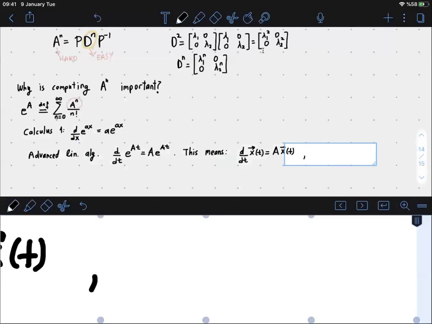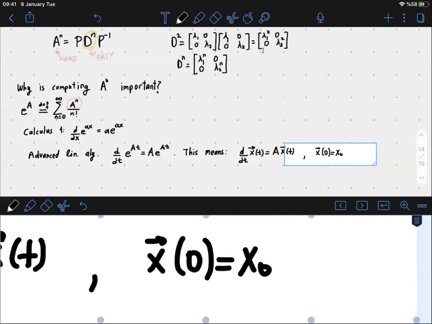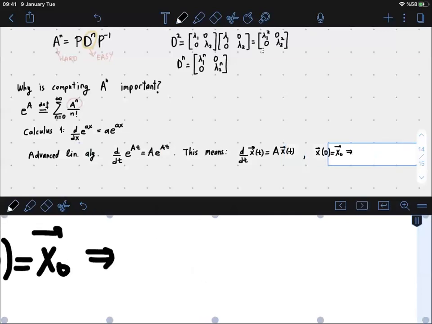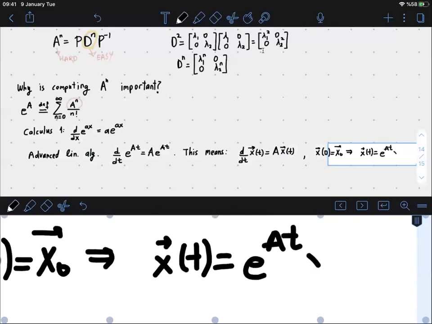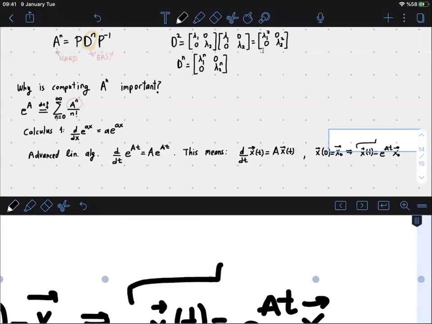No, that's fine. So suppose you're trying to solve this system. This system shows up in many places, and you're given an initial value for this. And if you can compute the exponential matrix, bam, you get the solution. The solution is basically the exponential matrix times this initial vector. This gives you the solution.